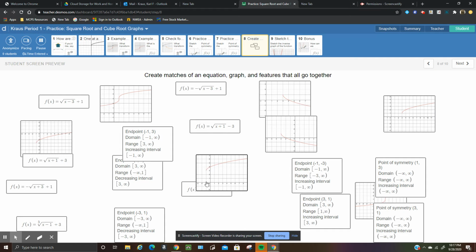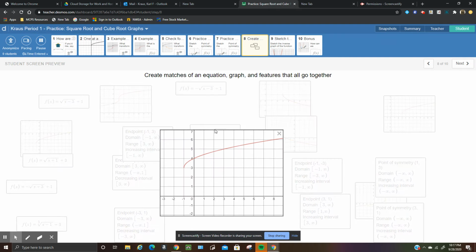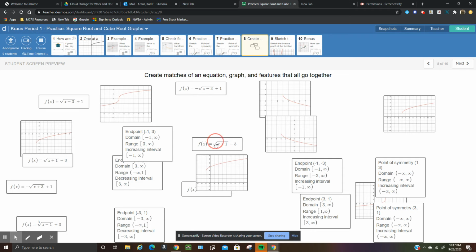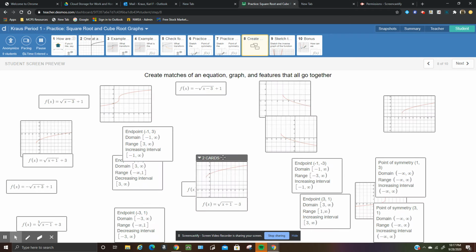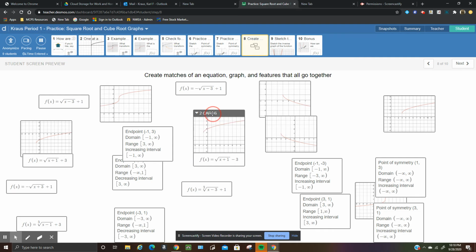This has an endpoint at -1, 3, so these two match up. Let's see if I can move that. No, I can move it. All right, this one is reflection, where the endpoint is 3, 1. So it goes here.